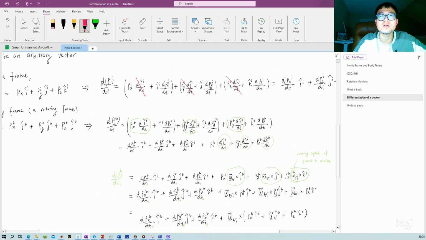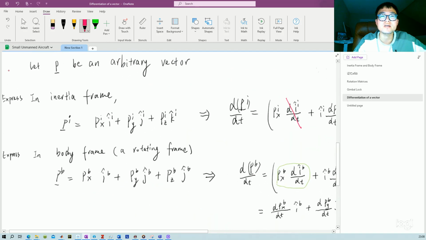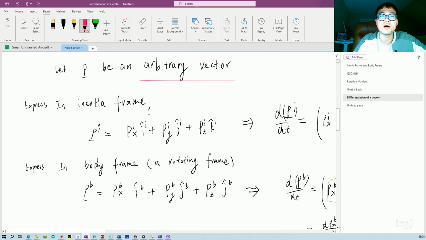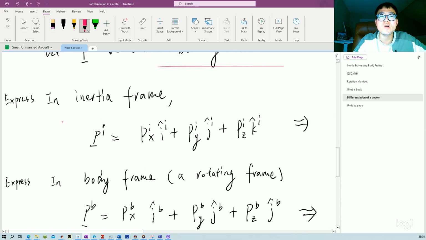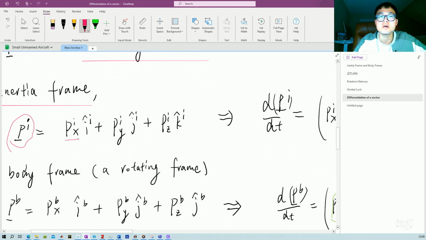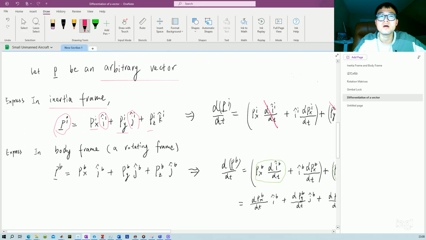Essentially, if we want to differentiate this vector, let p be an arbitrary vector, and we express that vector in the inertia frame. It's a projection px, py, pz in the inertia frame, as well as its unit vectors. That's just a very standard thing.